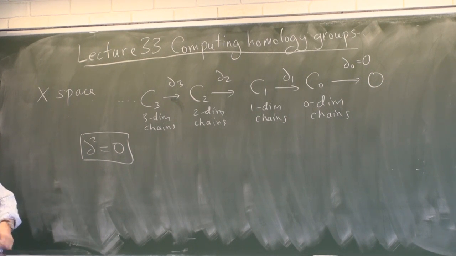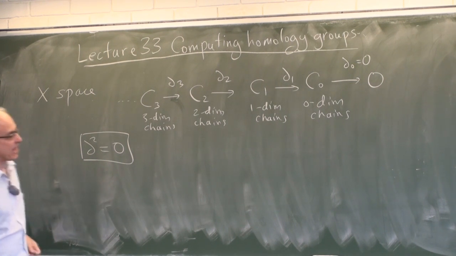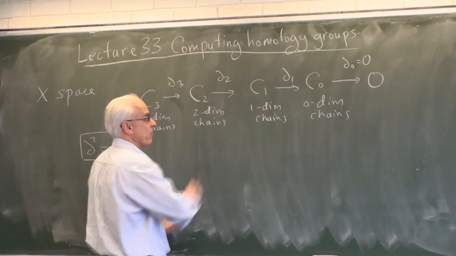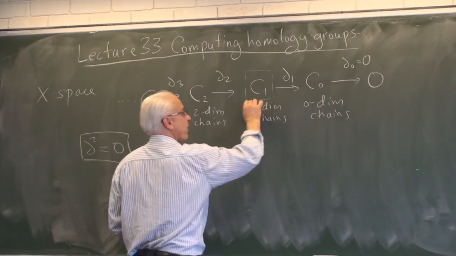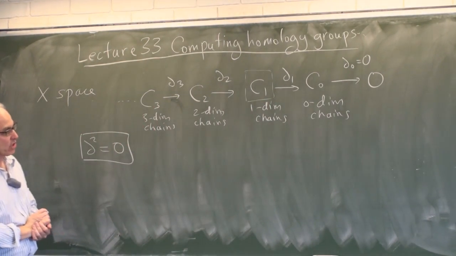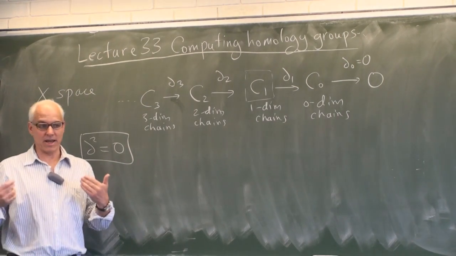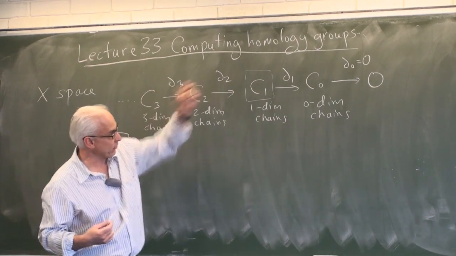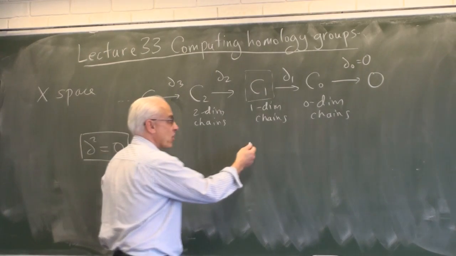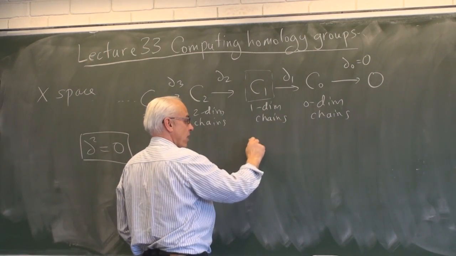So how do we define the homology? Well, at every stage, we're going to have a homology group. So for example, around here, if we look at the one-dimensional chains, there are two questions that we can ask with respect to these boundaries. The first is, what is the kernel of del 1?